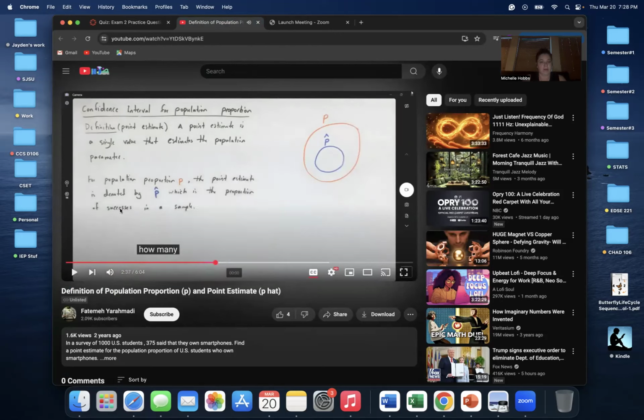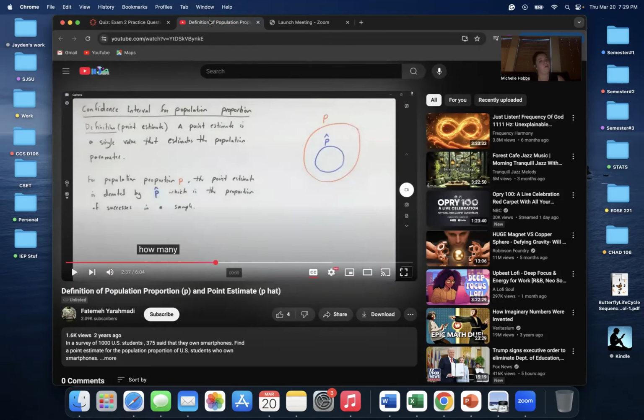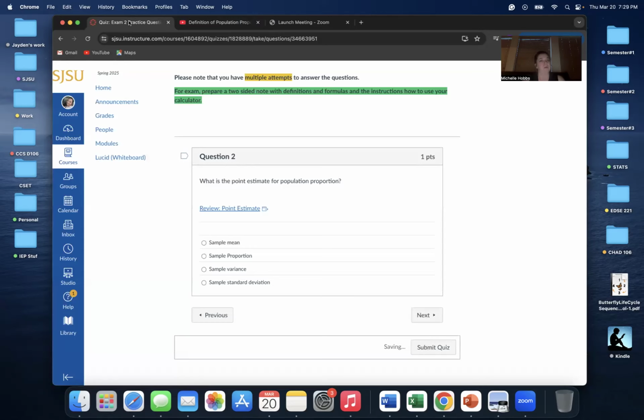So the point estimate is the sample proportion.